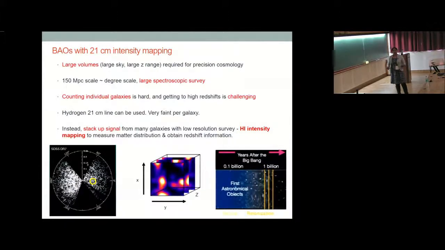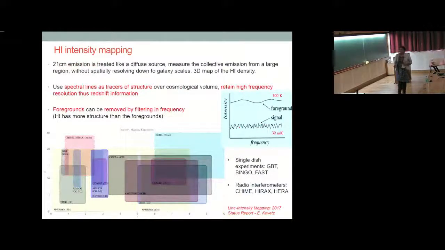We get a low resolution survey at the cost, but what we get is a large volume in a small amount of time. It is quite like the CMB, but here we are getting a 3D map of the H1 density at the cost of resolution to the galaxy scales. And since we retain the high frequency information, we can get the redshift information also.